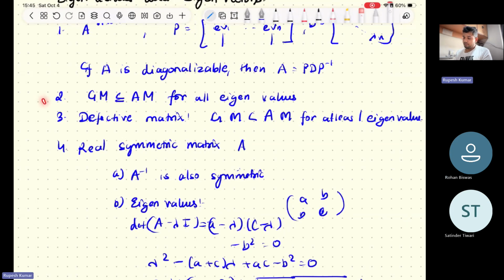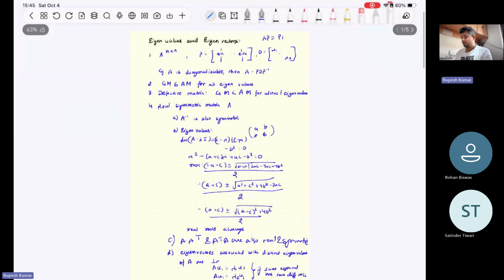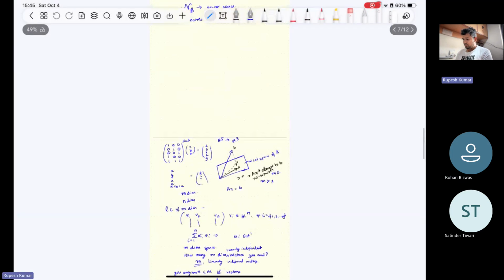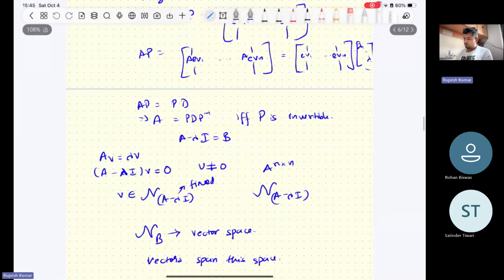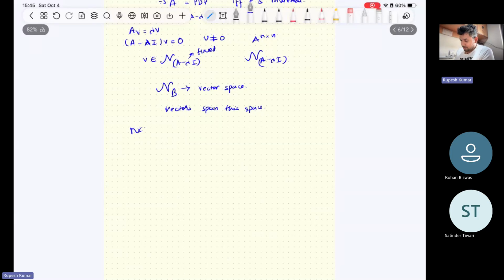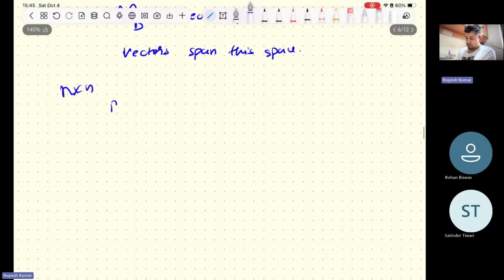Now, for the second point, geometric multiplicity. Do you remember geometric multiplicity? Let's say you are talking about the characteristic equation for an n cross n matrix. It would look something like alpha 1 lambda raised to power n, plus alpha 2 lambda raised to power n minus 1, plus dot dot dot, plus alpha n lambda raised to power 0.